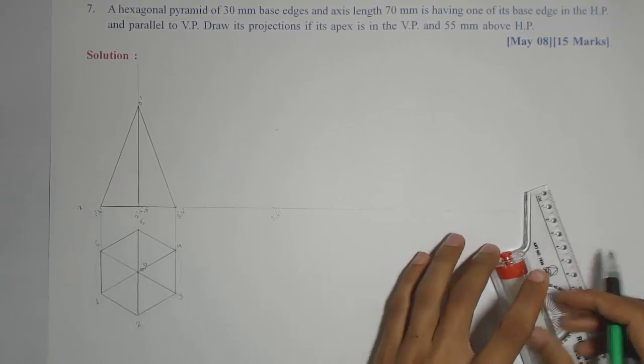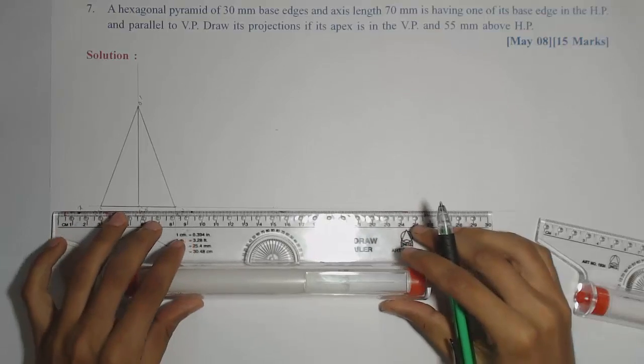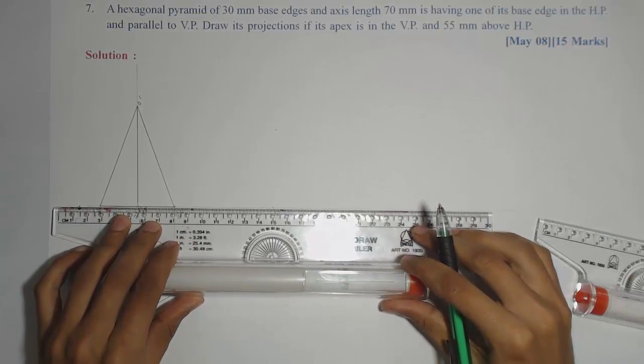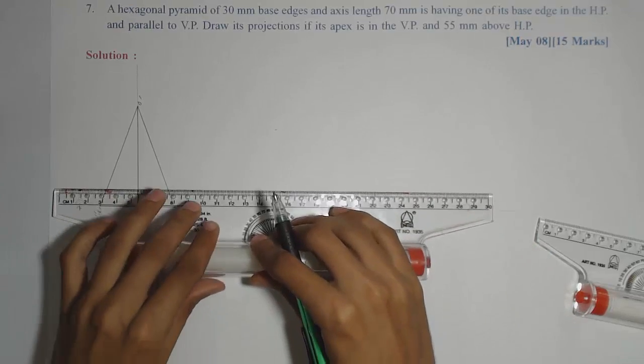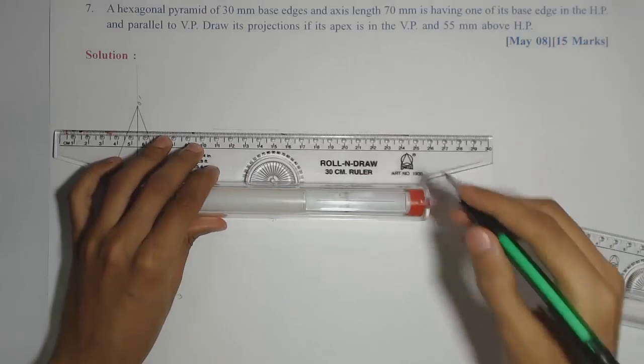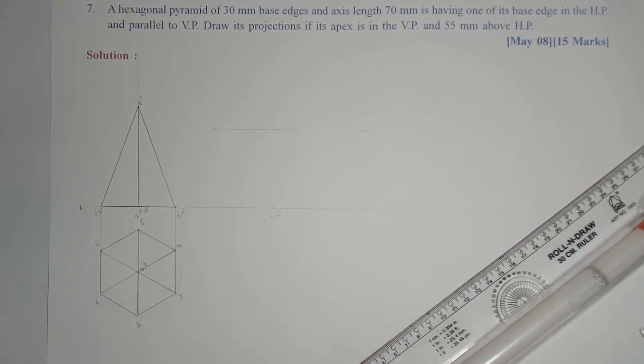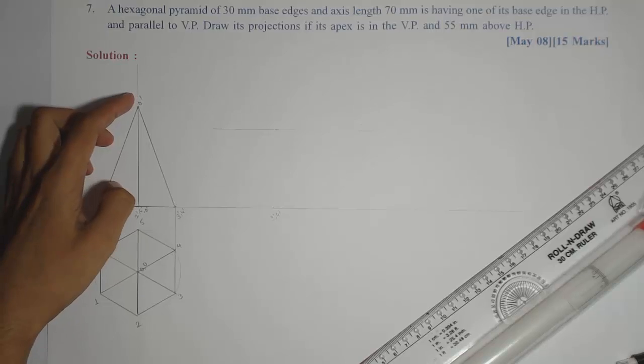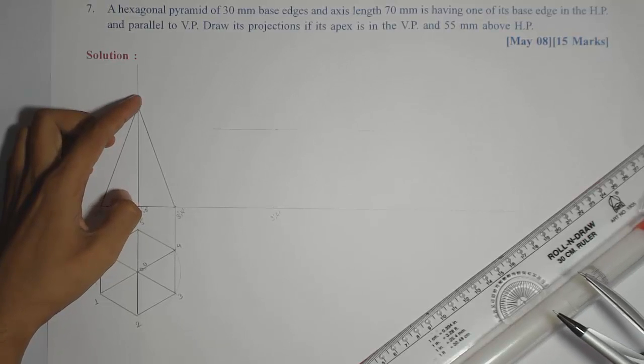This we have already done in the fifth problem for the pentagonal pyramid. There the distance was 40 mm above the HP. Here it is 55 mm. So we are first marking the locus at 55 mm. Initially the apex was at a height of 70 mm.